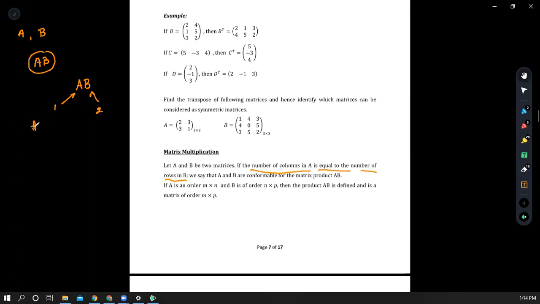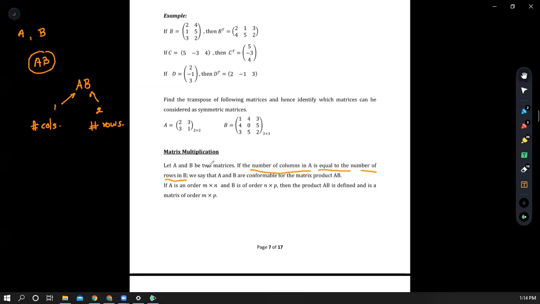The number of columns in the first matrix should be equal to the number of rows in the second matrix. This is the condition which should be satisfied. If this condition is satisfied, then we say that the matrices are conformable for the matrix product AB.